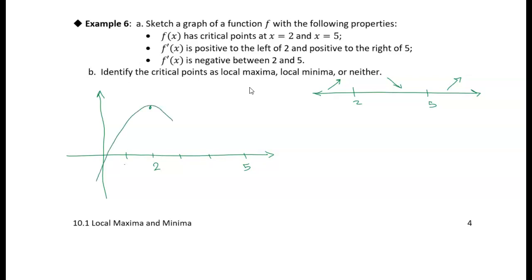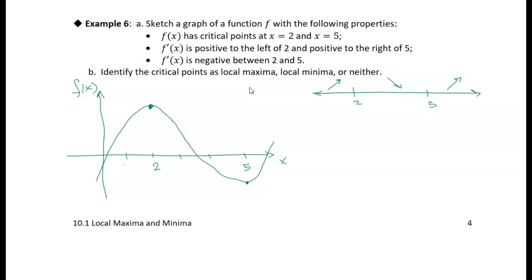It's going to look like that, and then it's decreasing until we get down to some point, say here, at 5, where we're going to have a local minimum. And it's going to go back to increasing. This is just the general shape of f of x.